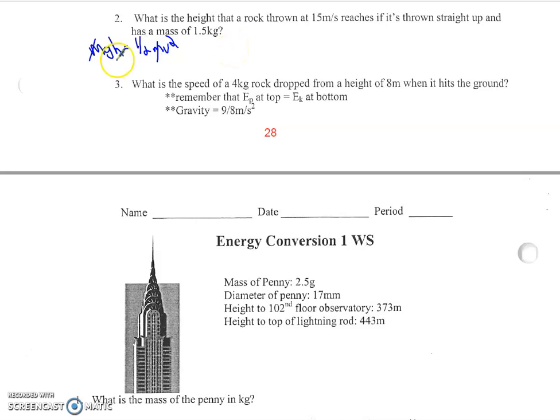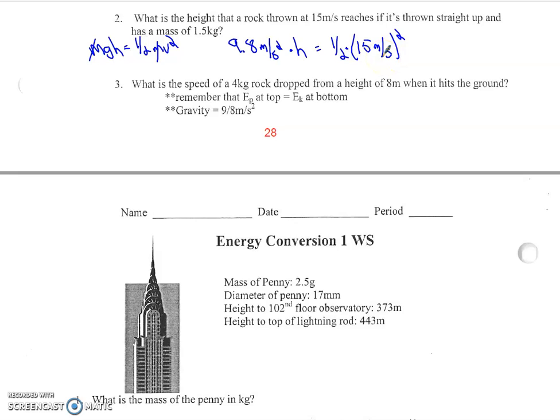So now what we have is gravity. We're going to rewrite this equation here. gh equals 1/2 v squared. Gravity is 9.8 meters per second squared. The height is what we're looking for. We're going to multiply that by 1/2. And the velocity in this case was 15 meters per second. And just that velocity is the thing getting squared.